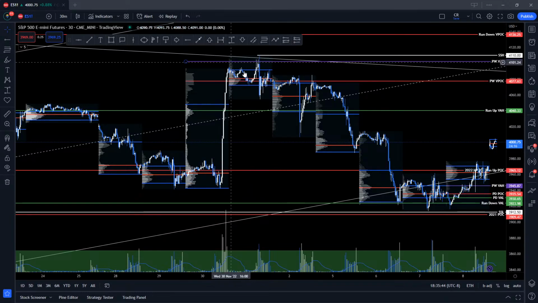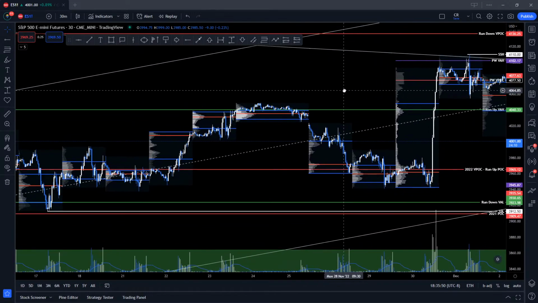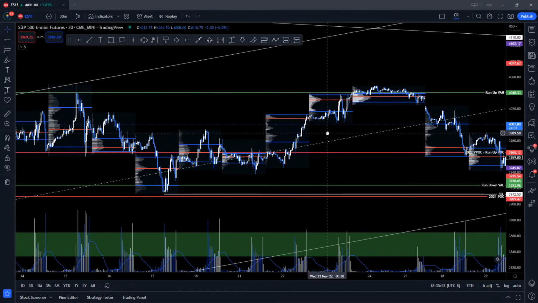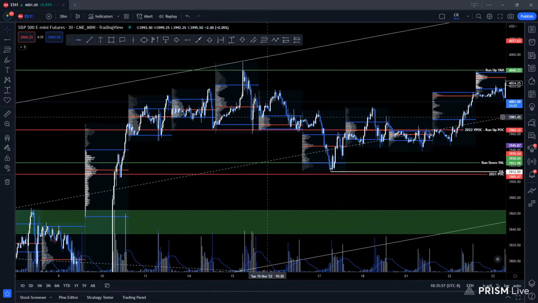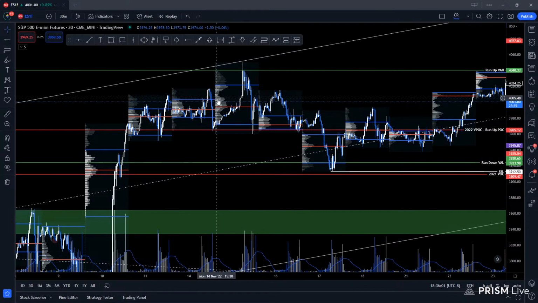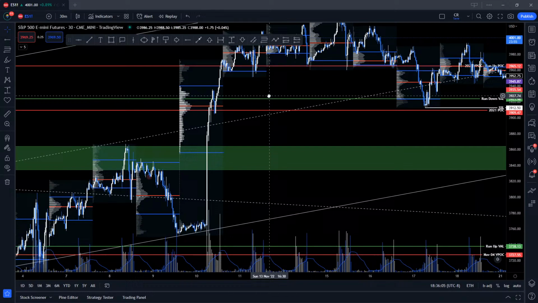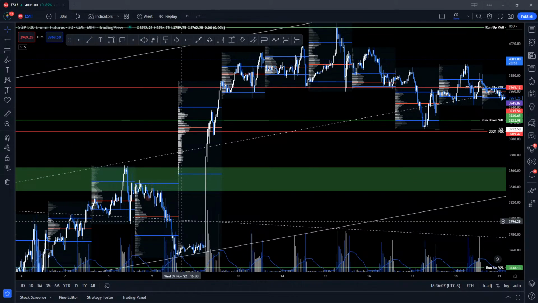Here's a D. This is going to be our double distribution as well. A lot of ugly volume profiles here. This is a pretty ugly P. This one here is definitely a P. No, it's a double distribution.